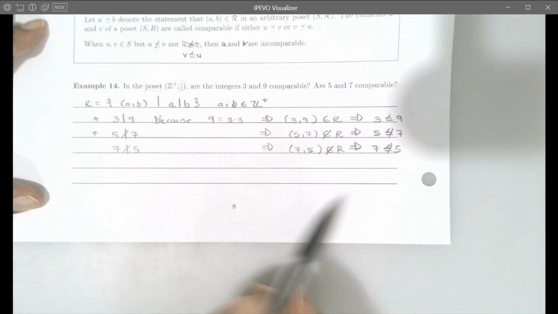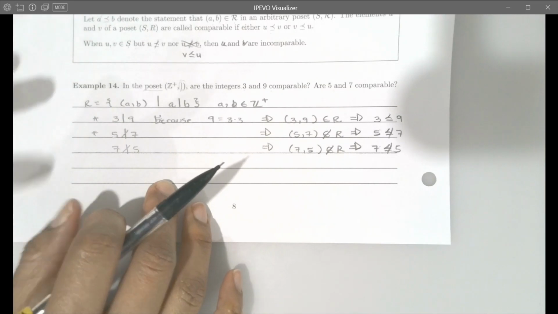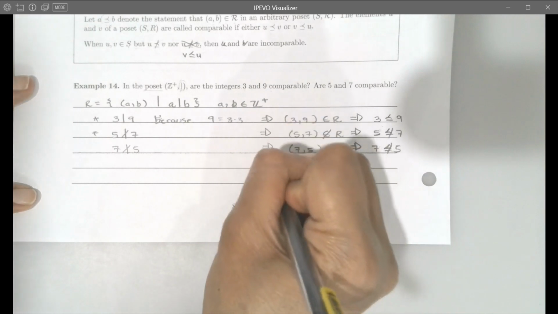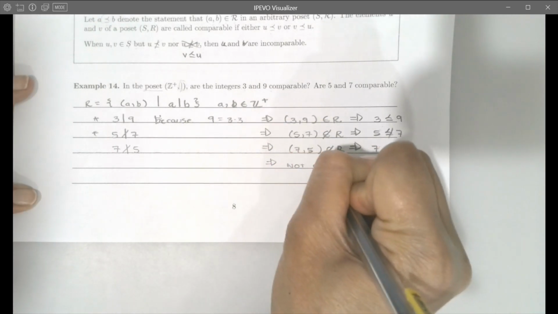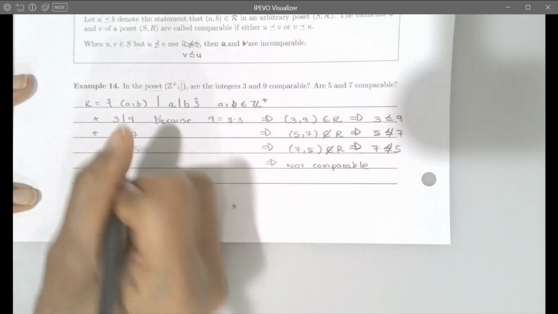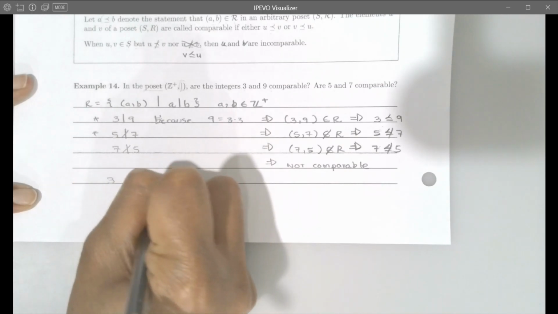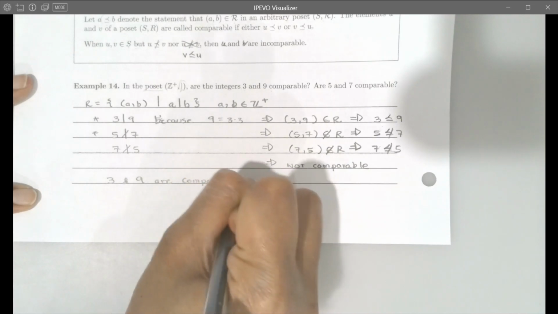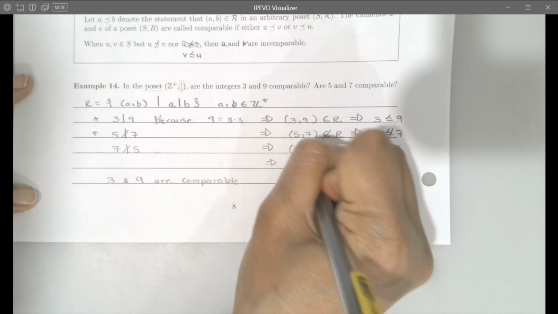Because neither holds, we can't make a claim of precedence in either order. We say that these are not comparable. So 3 and 9 are comparable, but 7 and 5 are not comparable.